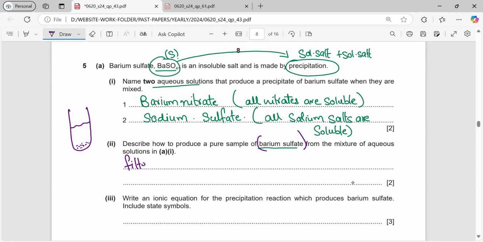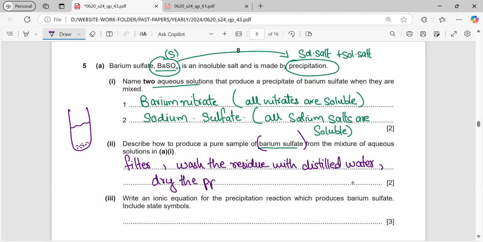First step, we filter it. Second step, we wash the residue with distilled water. Then after that, we can dry the precipitate in open air.